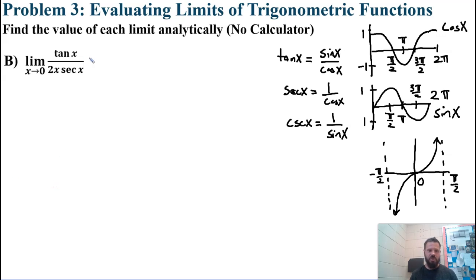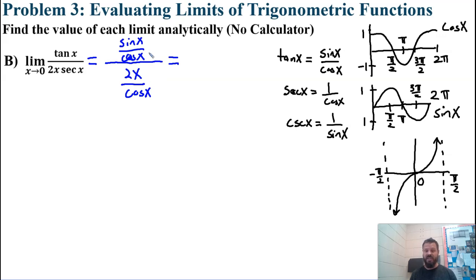All right, so with trig and fractions, a good first step would be to rewrite everything in terms of just sines and cosines. Tangent, like we said, we can say is a sine over cosine. And secant is a 1 over cosine, so I can rewrite this 2x times 1 over cosine as 2x over cosine x. All right, kind of looks like we made things worse.